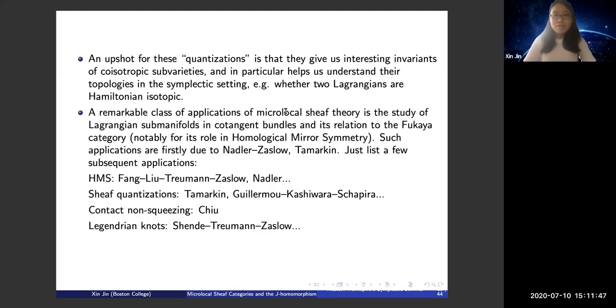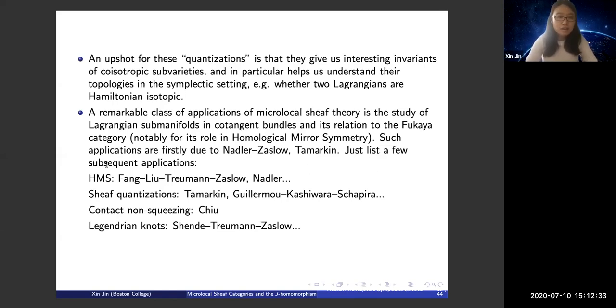Here, just to advertise some applications of microlocal sheaf theory in the study of symplectic topology: such applications are firstly due to Nadler-Zaslow, who built an equivalence between a Fukaya category on a cotangent bundle and constructible sheaves on the base manifold. Tamarkin also used sheaf quantizations to give conditions on non-displaceability of two Lagrangians, and his approach is roughly what we will take in this talk.